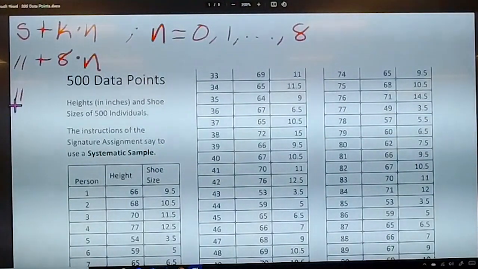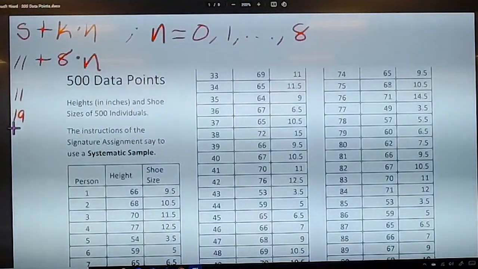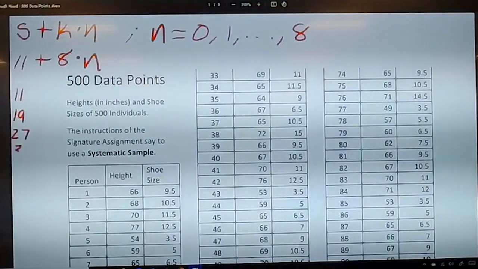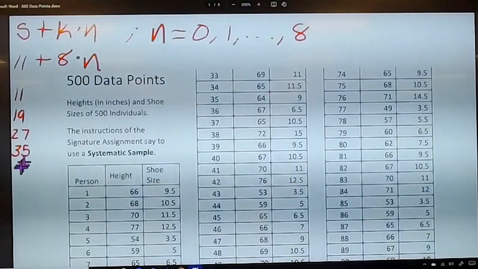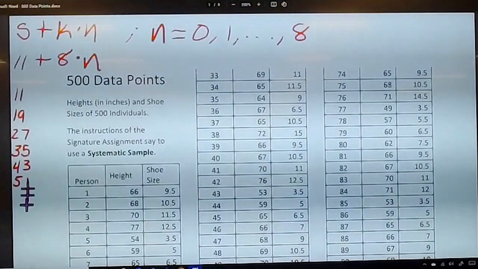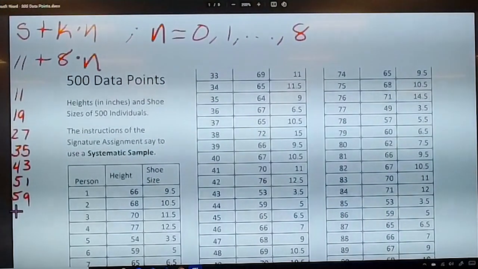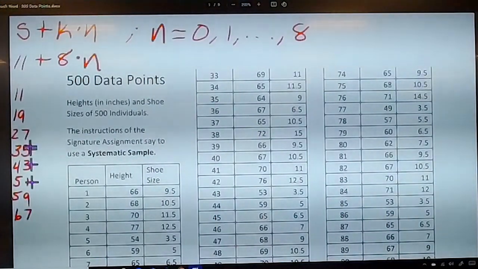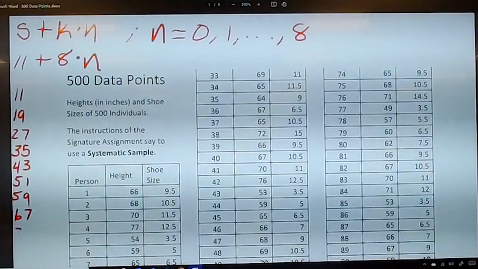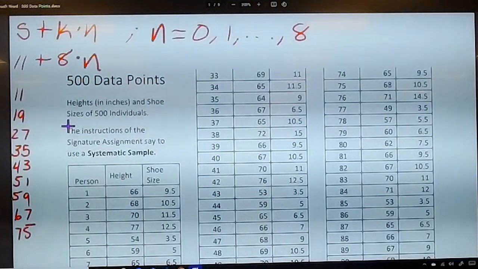So the first one will be 11, and then I add 8 and I get 19, then 27, and then 35, and 43, and 51, and 59, and 67, and one more, number 75. So these are the ones I need.